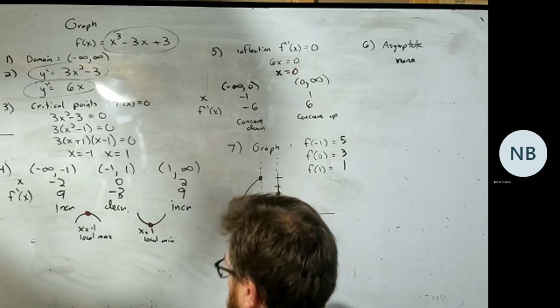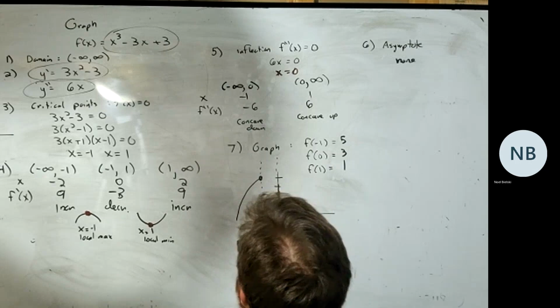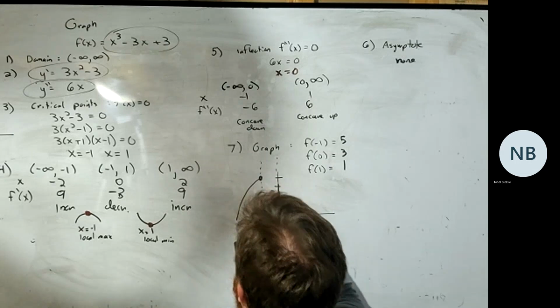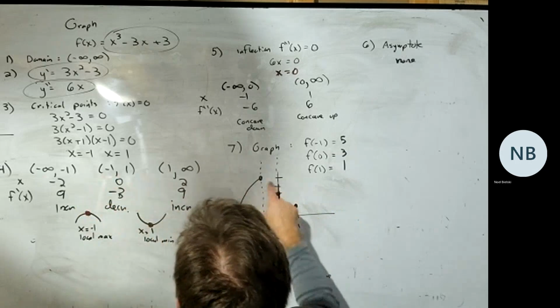To the right of the dotted line is going to be concave up. From -1 to 1, it's going to be decreasing.